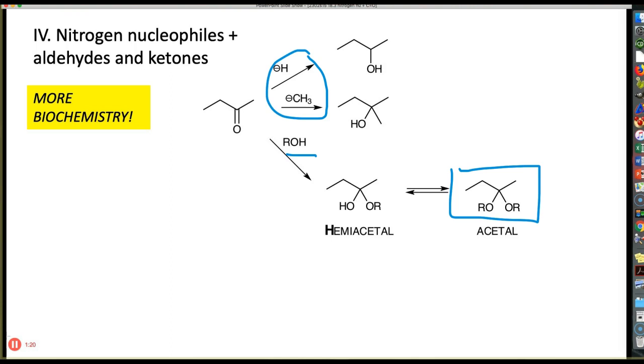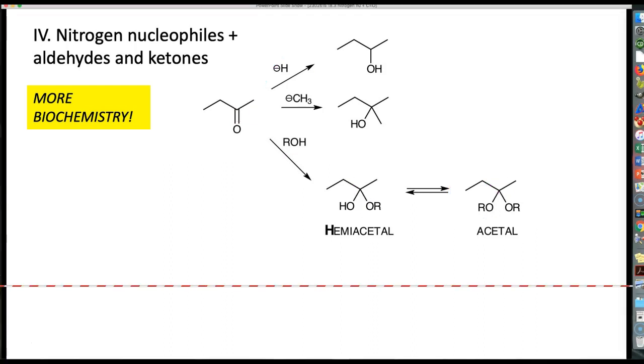So just to point this out, these are neither oxidations nor reductions. We have a carbon in the oxidation state of +2 in the carbonyl stage, +2 in the hemiacetal, +2 in the acetal. So, expect to see the same, right, with the addition of nitrogen.